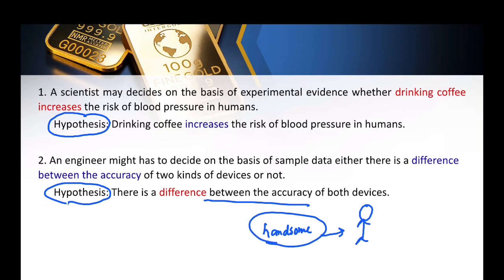You said, oh, that boy is handsome, but you don't know. What you do is you have to test. Is it correct that boy is handsome? What did you do? You go in front of that boy and you look at his face. Then you decide your hypothesis is correct or not. That is the example for the hypothesis testing.